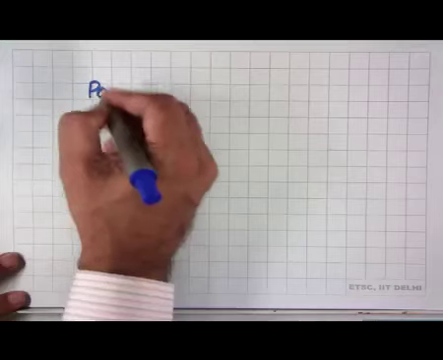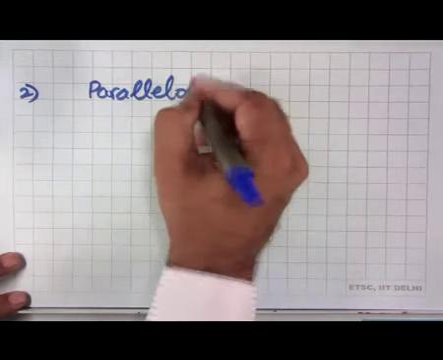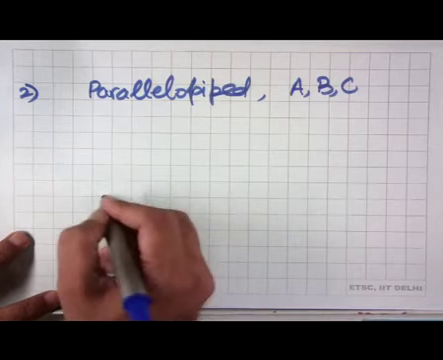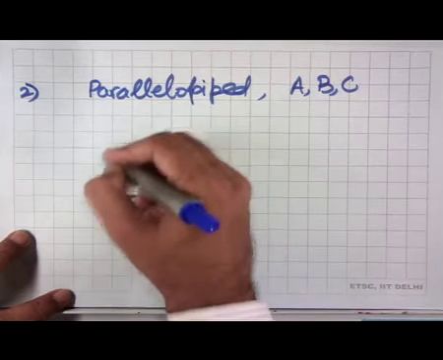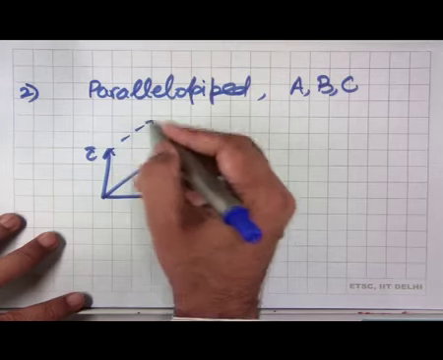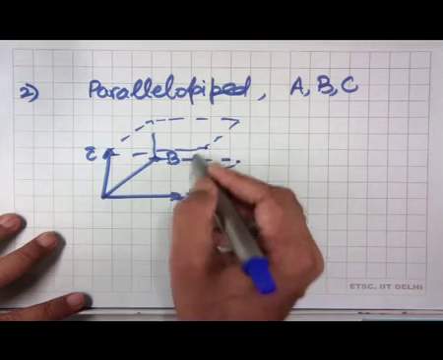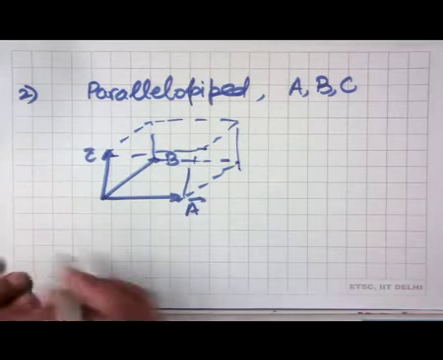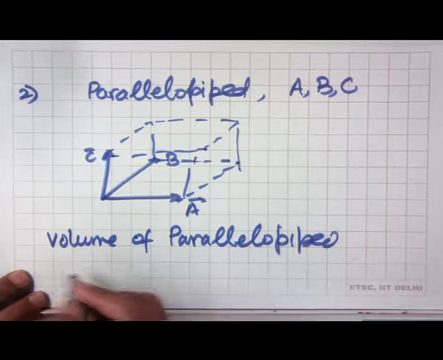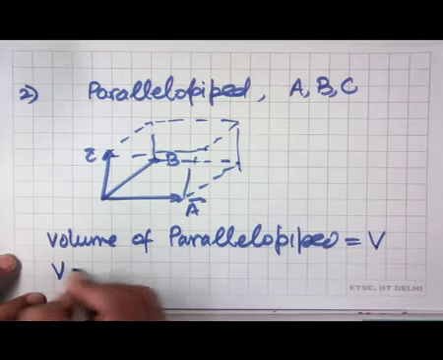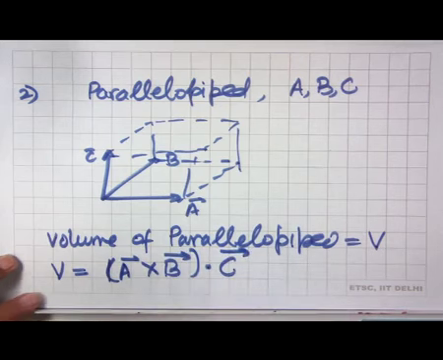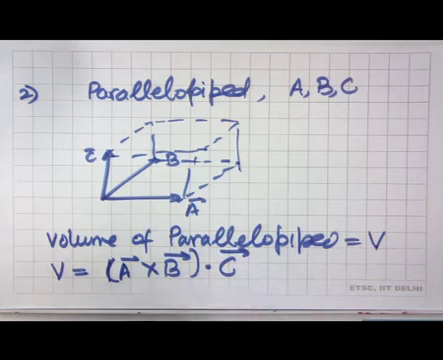Similarly, if we have a parallelepiped which has sides A, B and C, this is A, this is B, this is C. So, we complete this parallelogram, and with C we complete this figure, which is a parallelepiped with sides A, B and C. Then the volume of the parallelepiped, if we call it V, is equal to A cross B dotted with C, and since these are three sides of the parallelepiped, if we move in a cyclic order, we will get the same thing.